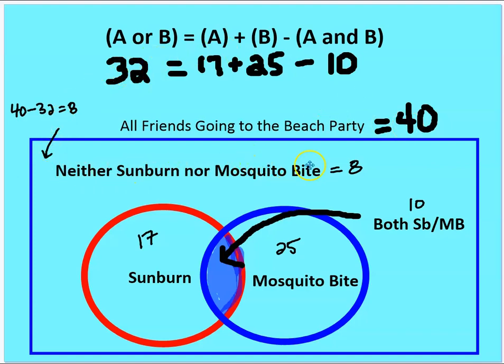Neither sunburn nor mosquito bite is 8. Intersection is 10. Sunburn 17. Mosquito bite is 25. All right, so you see how that works. I added another element of computation with a total population that included neither sunburn nor mosquito bite, the intersection of the complement of sunburn and the complement of mosquito bite.